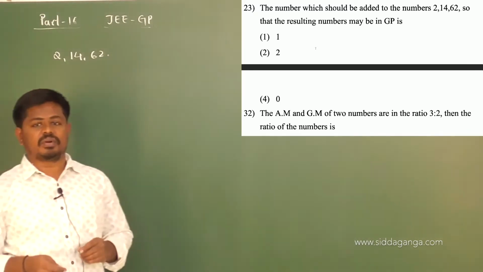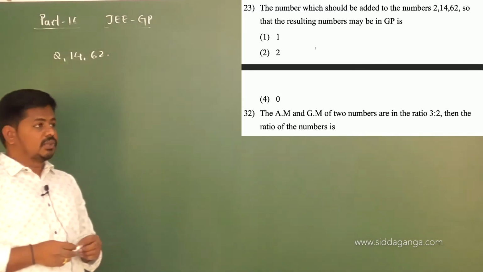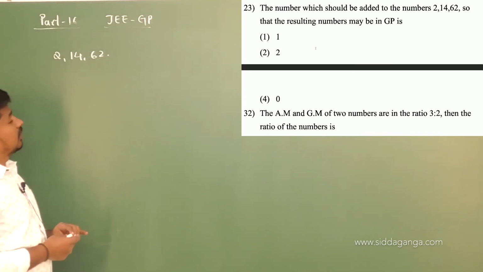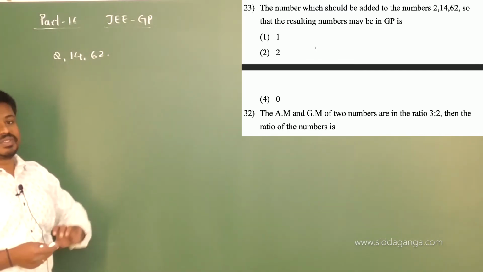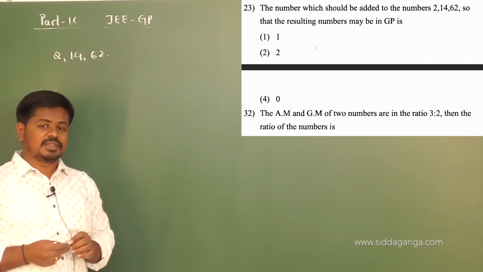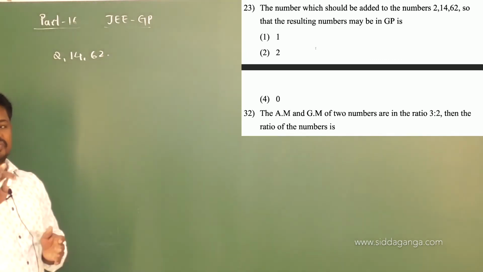So what must be added to these 3 numbers such that these 3 form a GP?